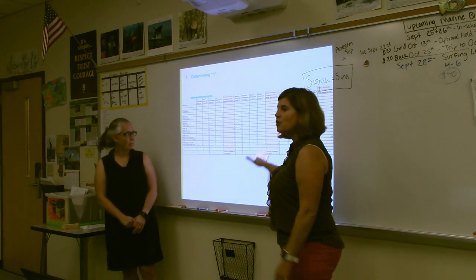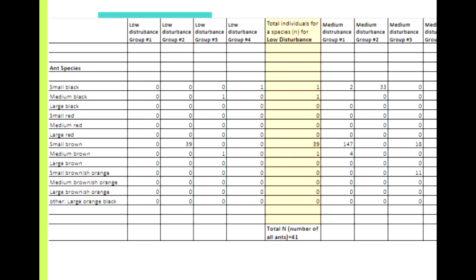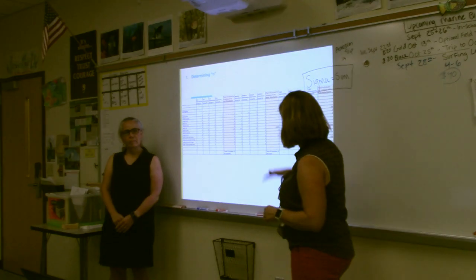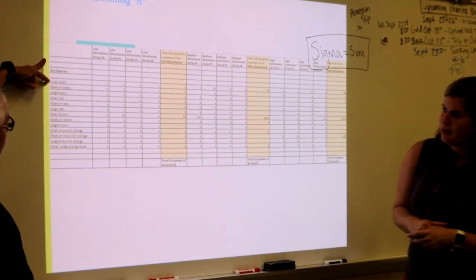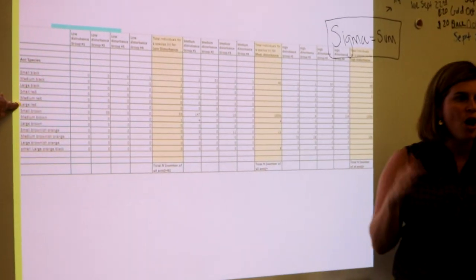So on your data table, it's not important that you can actually read these numbers, but instead you have a data table that looks very similar to this one. This is the data table from last year's students who did something similar. As you can see over on the left, that's a list of all the different types of ants that were encountered.